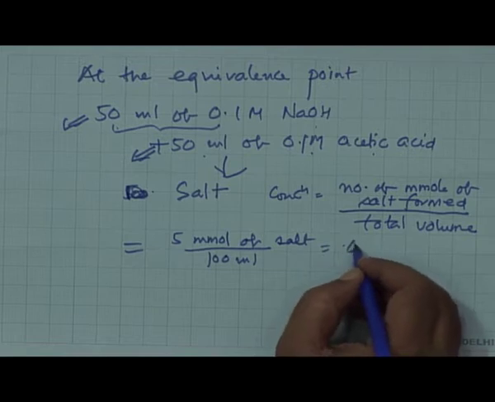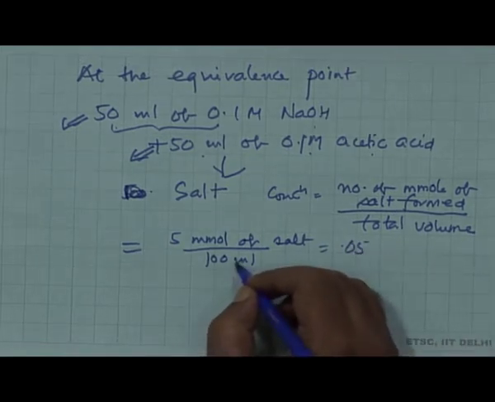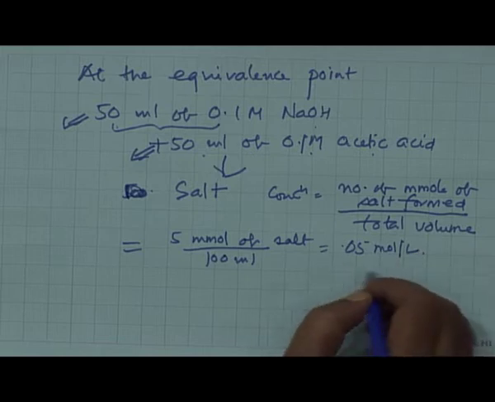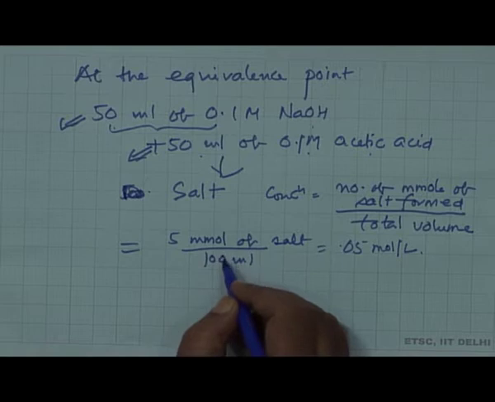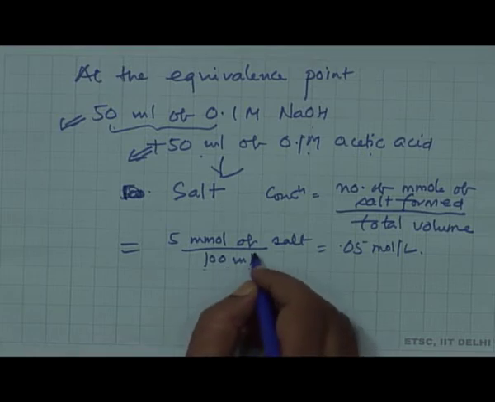So, you have 0.05 mole per liter. This is your concentration: 5 millimole of salt has been formed, and you have 100 ml of solution.